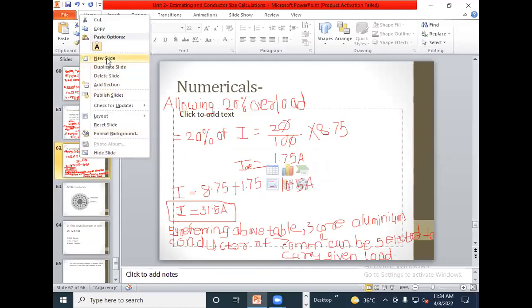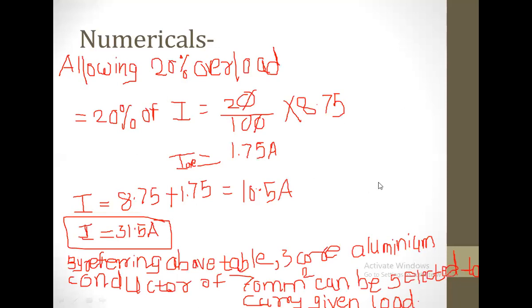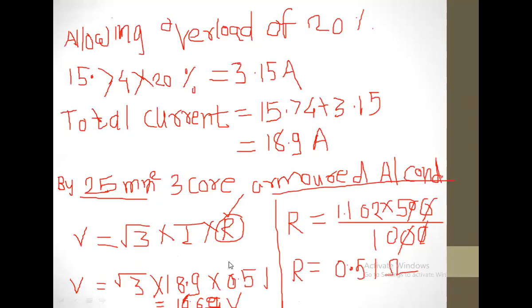So the next step is we have to consider the resistance of the cable and find the voltage drop. For finding the resistance of the cable, we refer to a table. Depending upon the size of the conductor, we select the resistance. 70 mm square is the cable size.